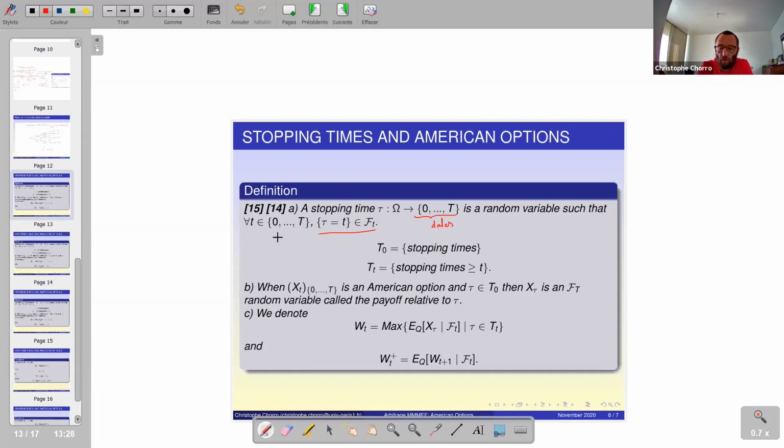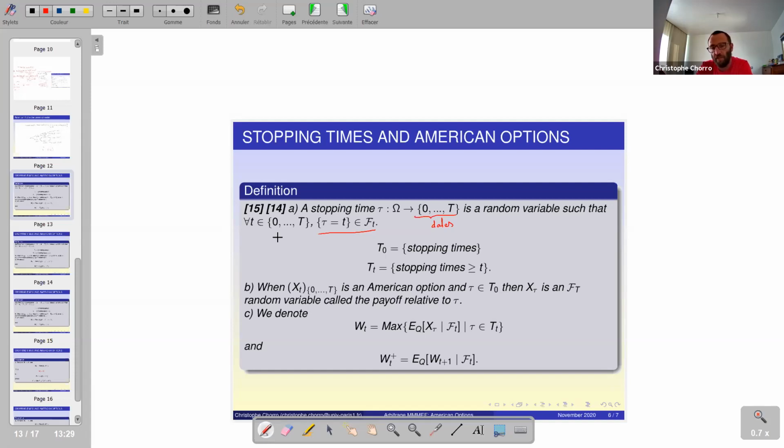So come back to the problem of the American option. When I buy an American option, my problem is when I can exercise it. At time t equal to 0, my strategy will be random, because I don't know at time 0 what I will do in the future, because I don't have the financial information that will be available in the future.